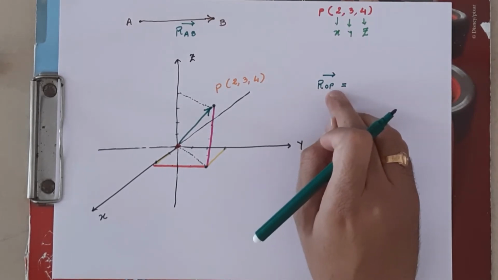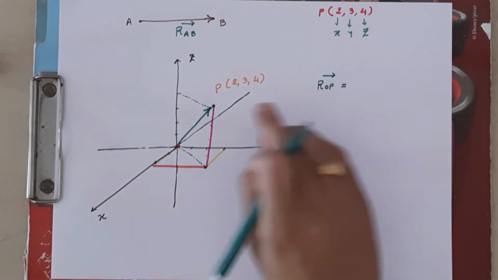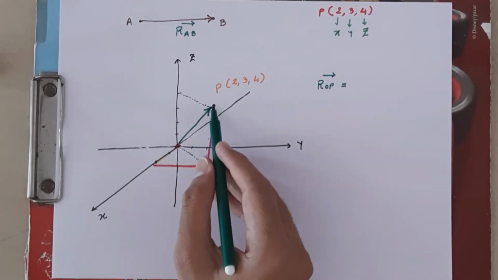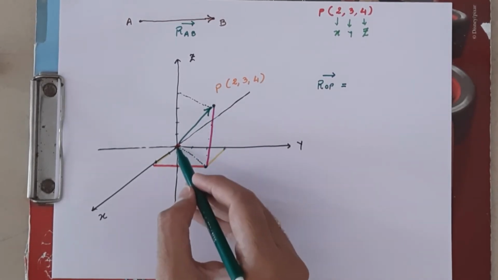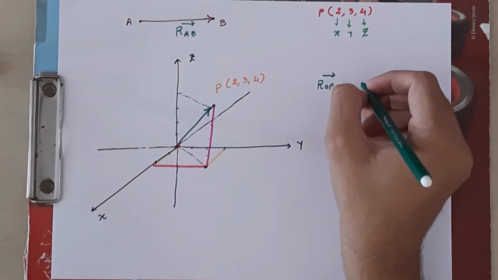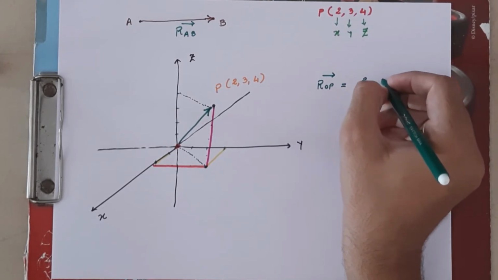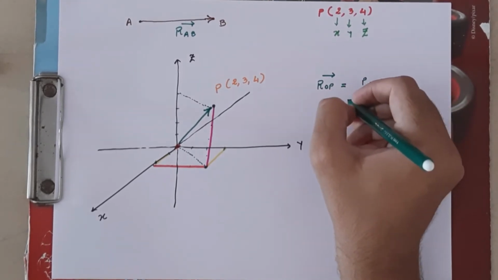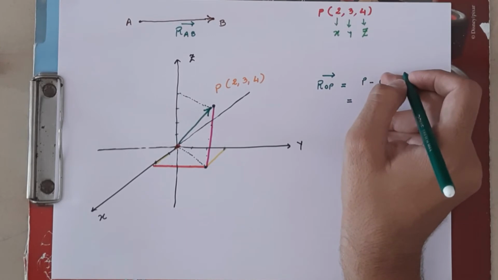How can you calculate it? Where is the head? Here is the head: at point P is the head, and at point O is the tail. So the ROP vector means point P minus point O, which means head minus tail.